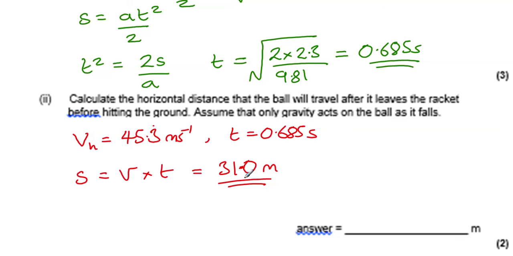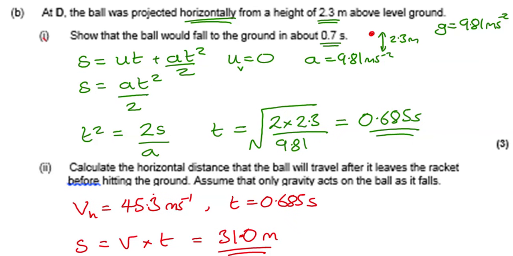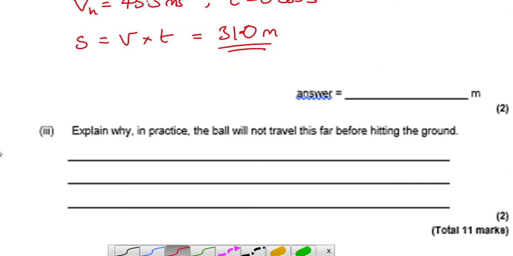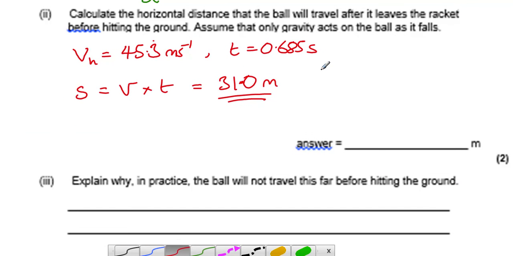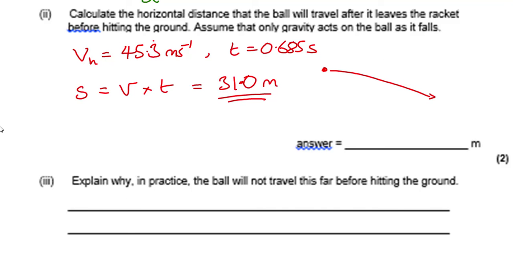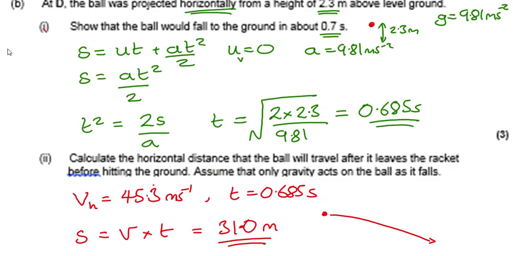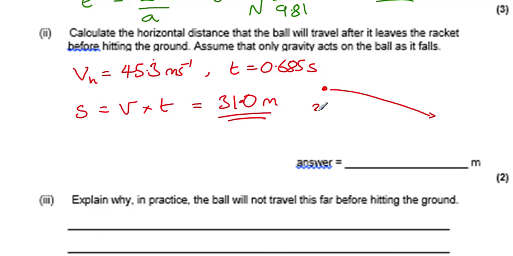So you've now got a distance travelled, which is how far your ball would have managed to go horizontally. So if you sketch that as a little diagram, the ball would have travelled in a path like this. It would have travelled 2.3 meters down, and it would have travelled 31 meters across.